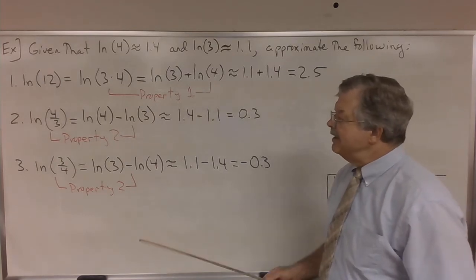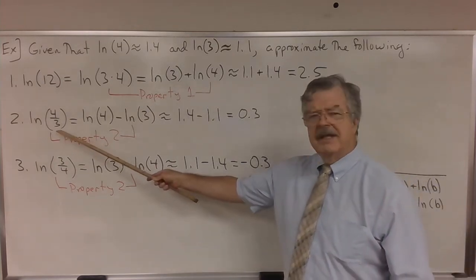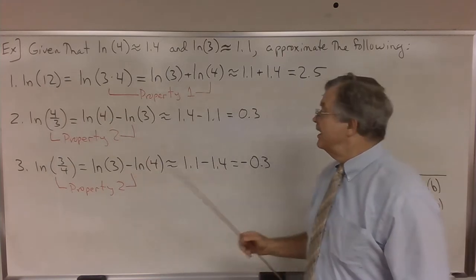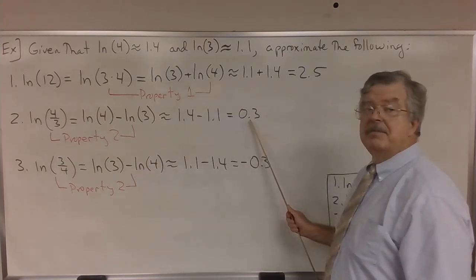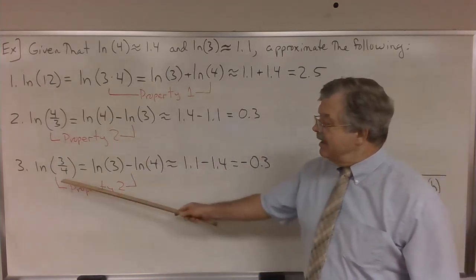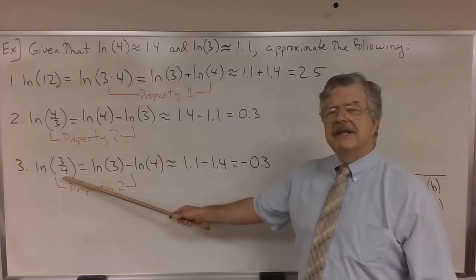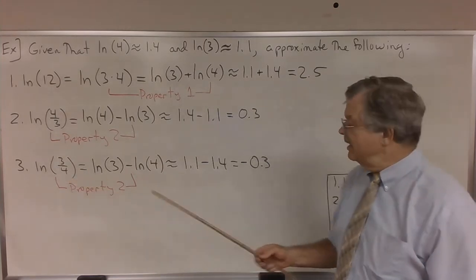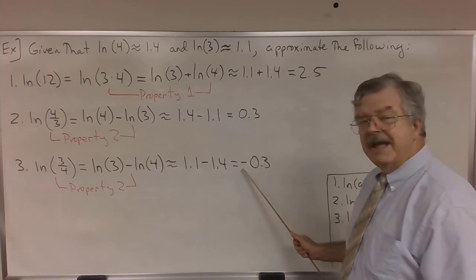But see, right here we have a number that's just a little bit bigger than 1, and it's a small number, but positive. Here we have a number that's just a little bit less than 1. It's a small number, but negative.